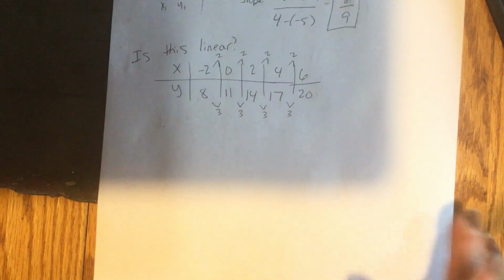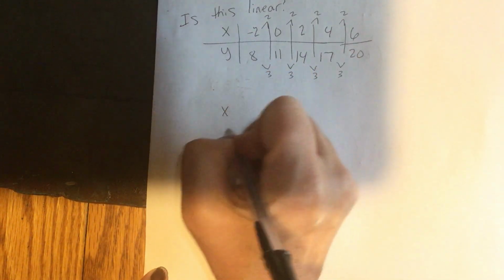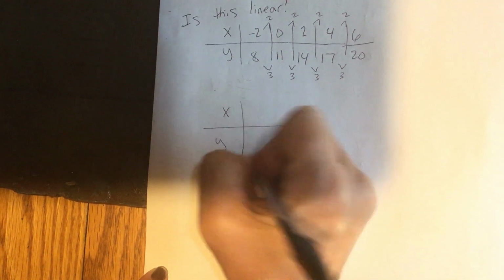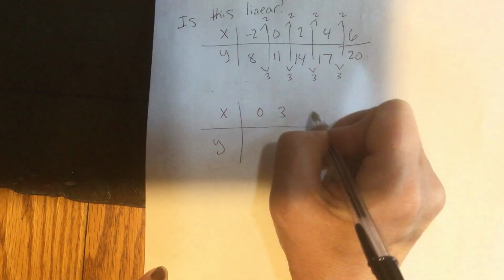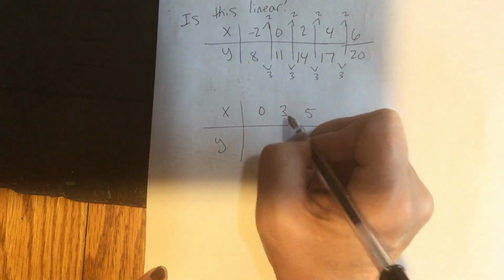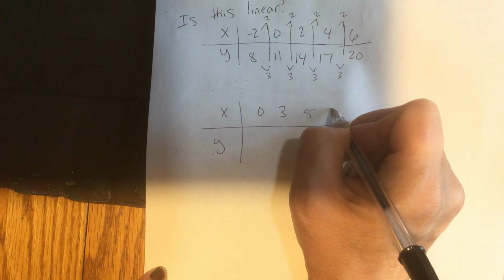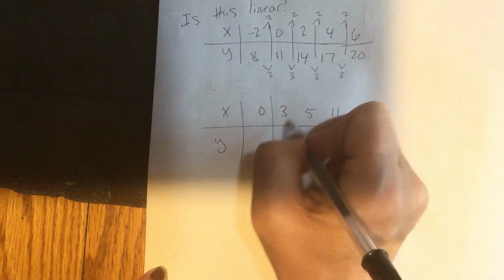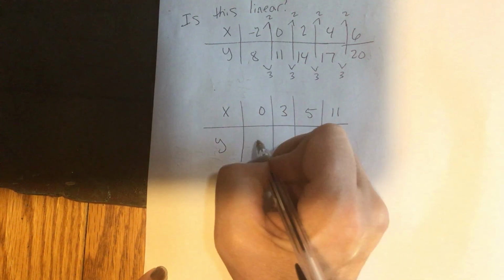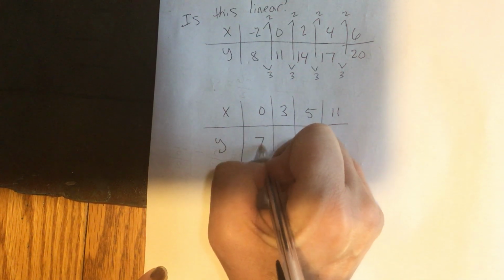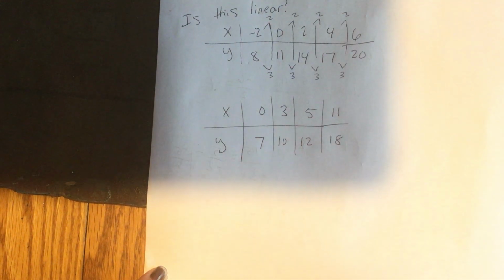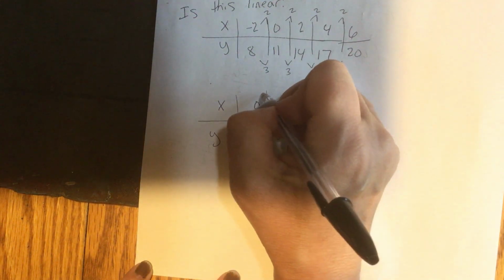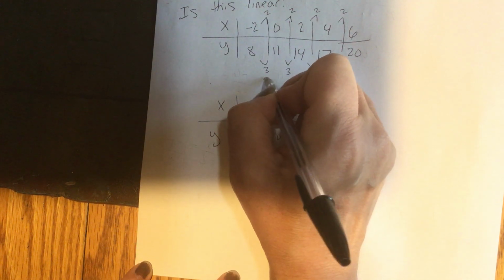It could also be linear if it isn't exactly the same, but the ratio is the same. For instance, it could be x, y, and the points could be 0, 3, 5, 11, and then I could do 7, 10, 12, 18. Okay, so I'm going, oh, that's not a very good example.